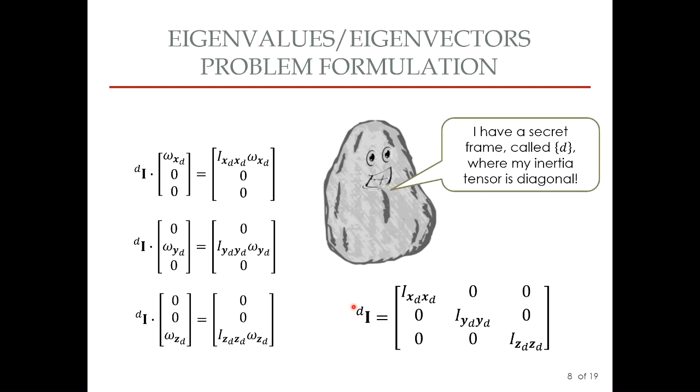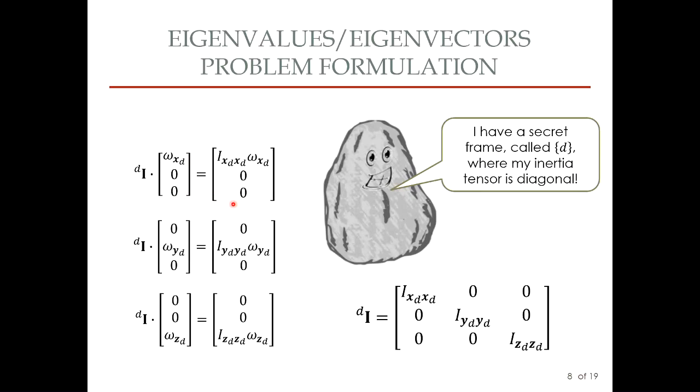As we saw in the beginning, if you rotate the rigid body, or if the angular velocity of the rigid body is in one of these directions of the axis of frame D, your angular momentum will be parallel to the angular velocity. So in this, let's say the first equation, what do you have? It is angular momentum, h, which is I omega.